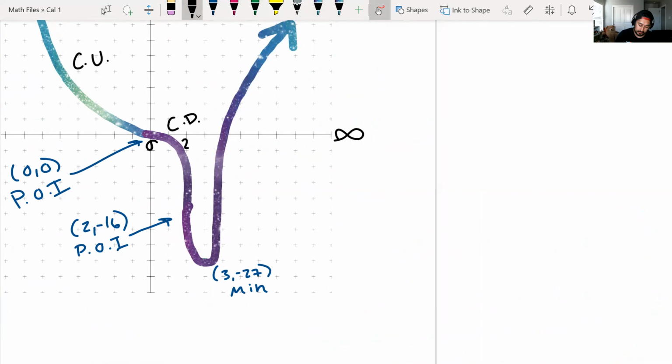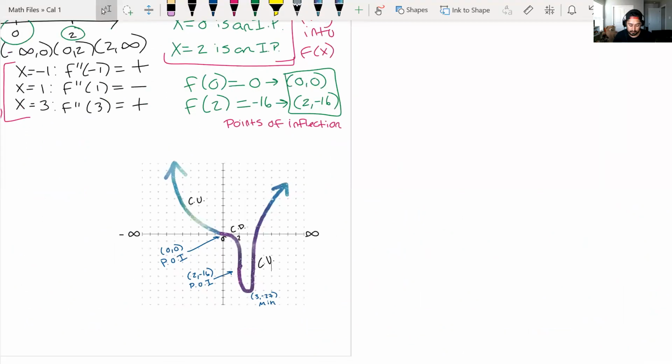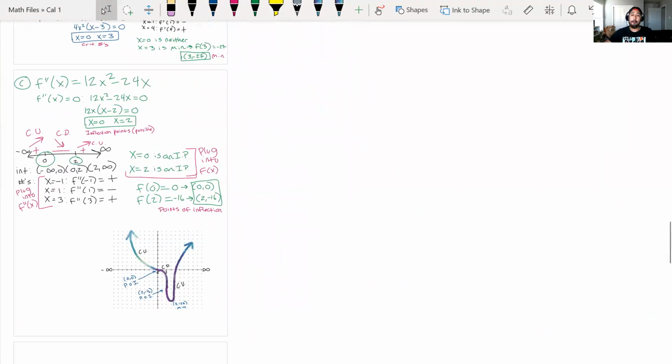And all of this is concave up. Whew. That is just a taste of what we're going to get in 4.4 or 5, whatever it is, curve sketching.